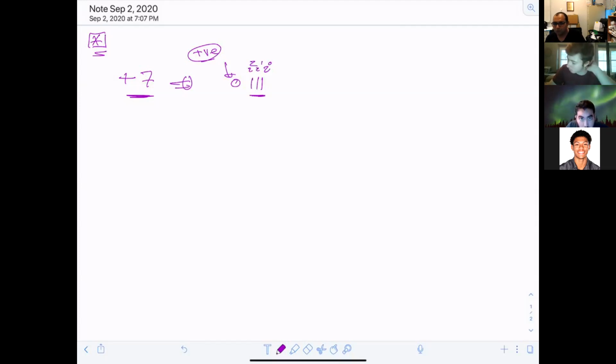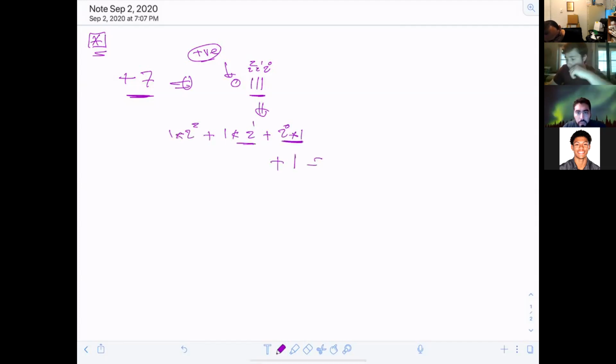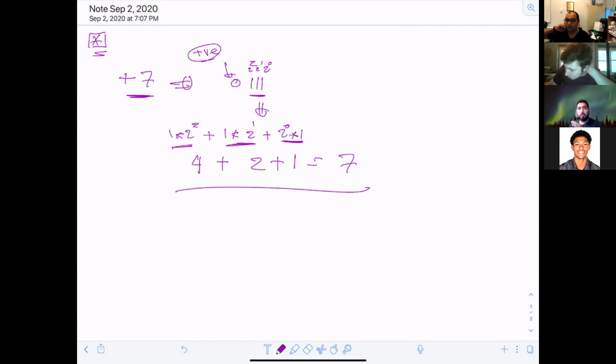So here it is 2 power 0 times 1 plus 2 power 1 times 1 plus 2 power 2 times 1. Calculate it: 1 plus 2 plus 4, so we are talking about 7.